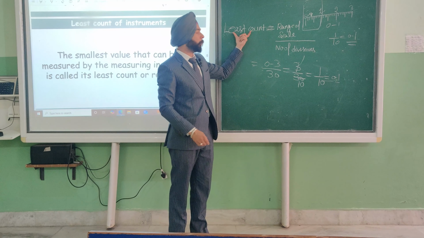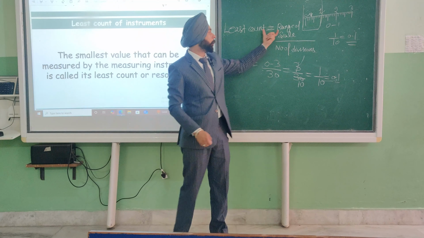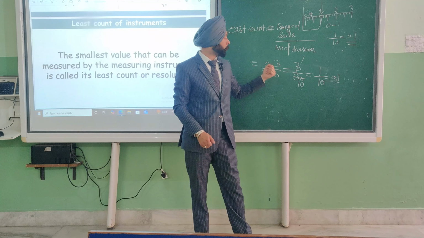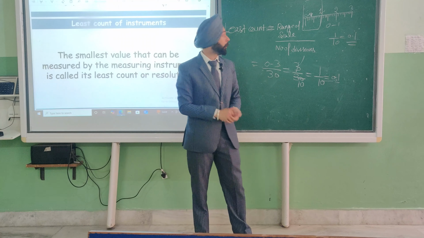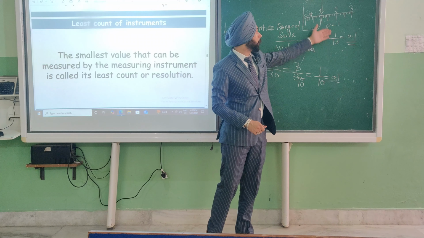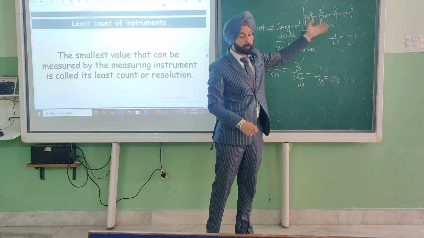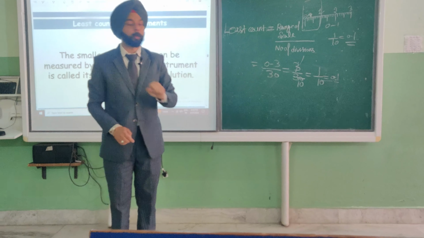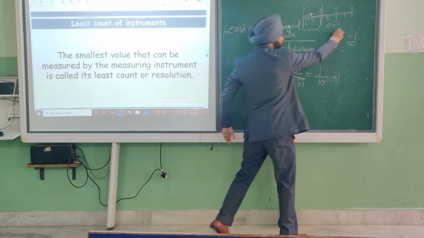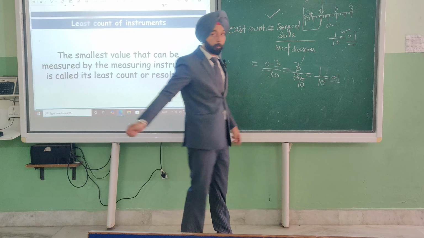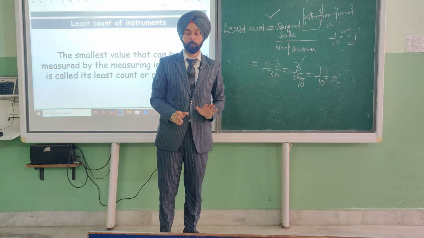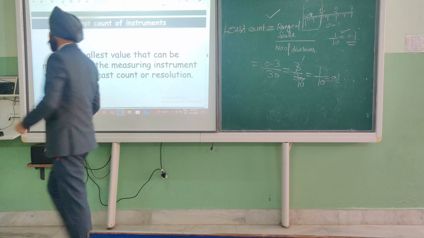If you use the range of the whole scale, you can find 0.1, and if you take it from the first division, you can find the least count, the value is the same. It is a trick for learning, but it is a correct method for finding the least count. The answer is the same. So this one is about the least count.